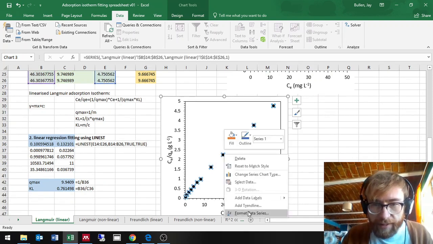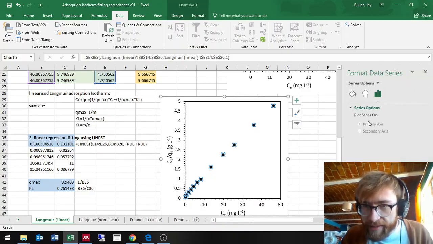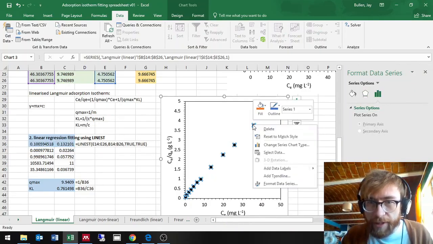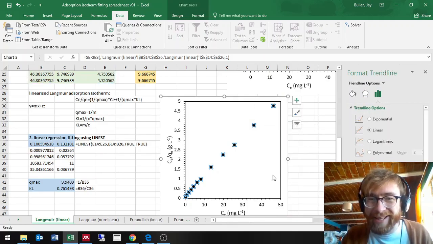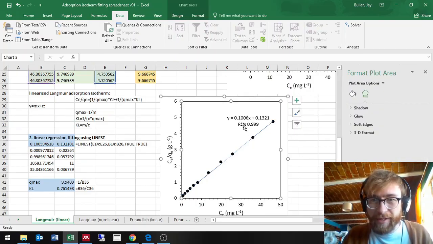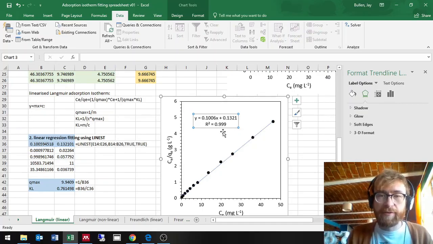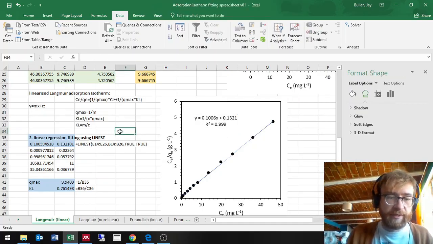If you have your data like this, you simply right-click, Add Trend Line, and you'll get a line like this. That's your linear trend line, and you can display the equation and the R-squared value. If the R-squared value is closer to 1, then it's a better quality fit.